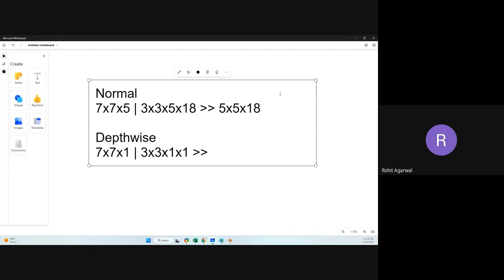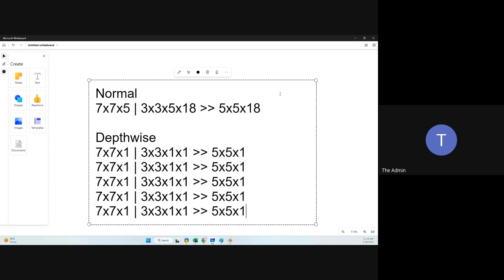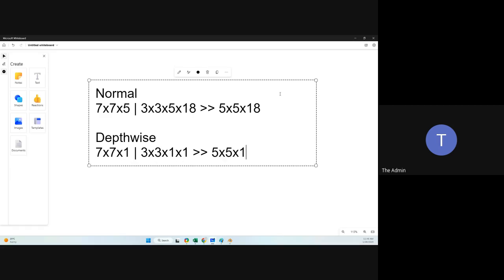Because this kernel is looking only at one channel and giving one output. The output right now is 5 cross 5 cross 1. Now we have 5 such processes, one for each depth. So in short, I can write this as cross 5. Are we okay till now?